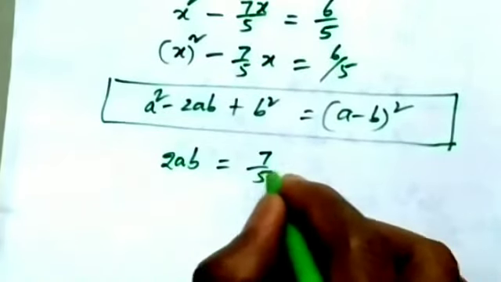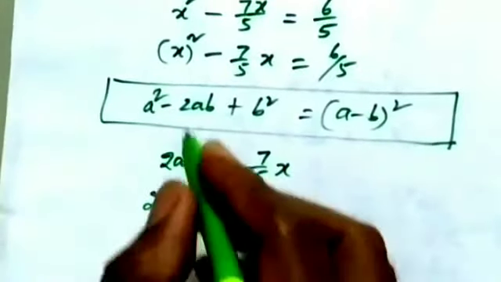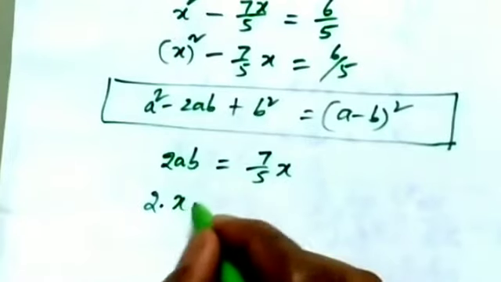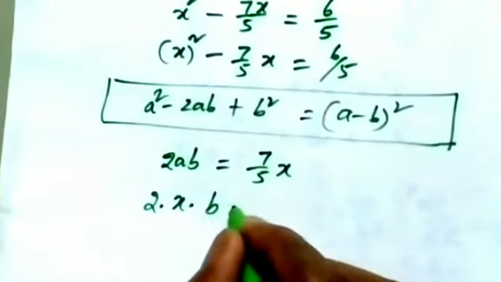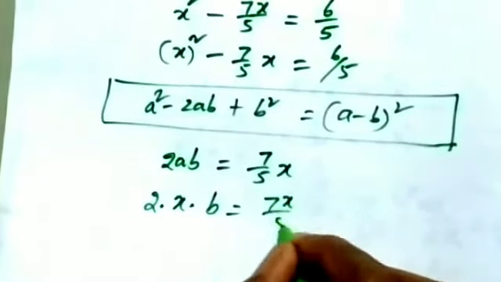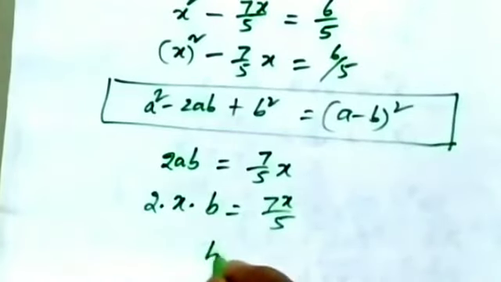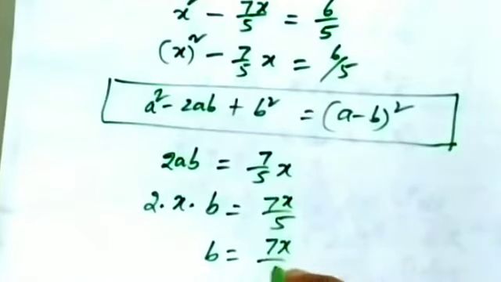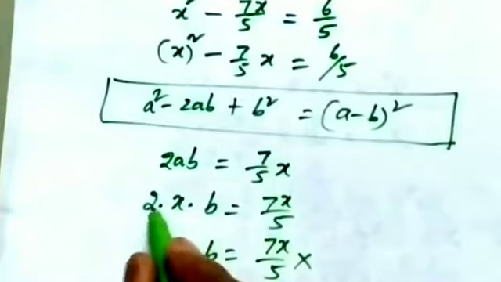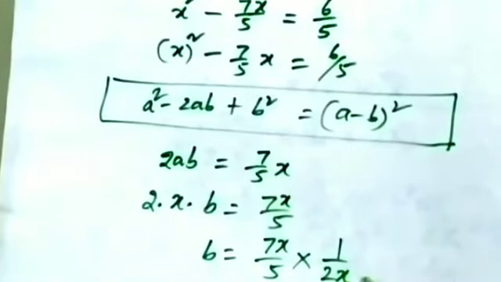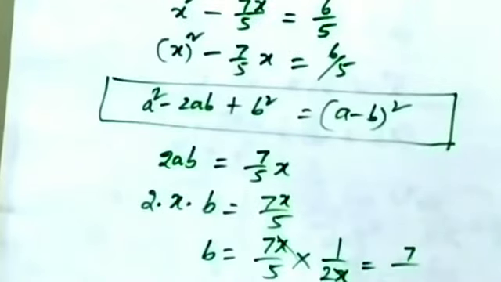Minus is there in both, so you need not write minus. Take only 2ab equals 7 by 5x. Now a means x. So b value equals 7x by 5 into 1 by 2x. X cancels. Answer is 7 by 10.